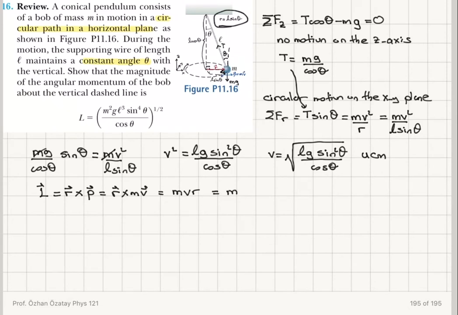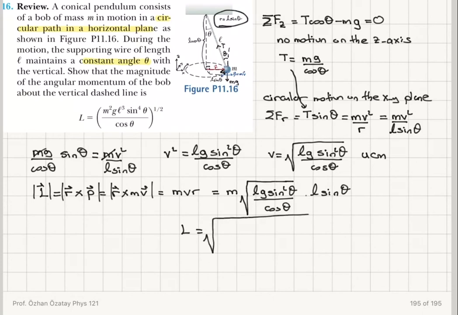Because they're perpendicular. Sine of 90 is 1. And I write for v the square root of L g sine squared theta divided by cosine theta, and then I write for r, L sine theta. That was the radius of the uniform circular motion. So this is going to be the magnitude of L that I'm looking for here.